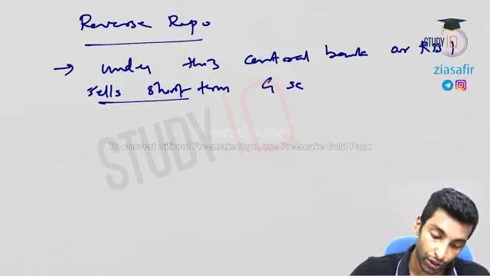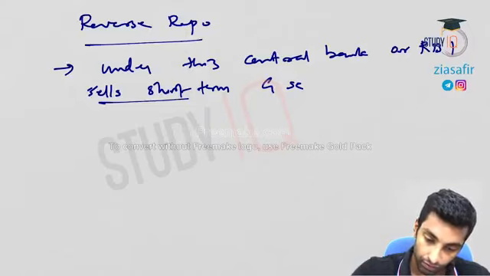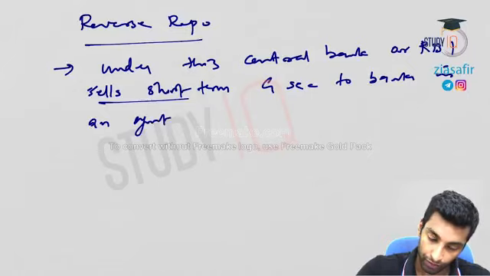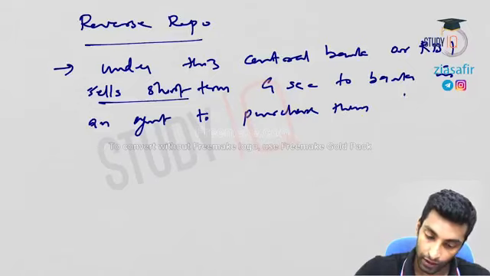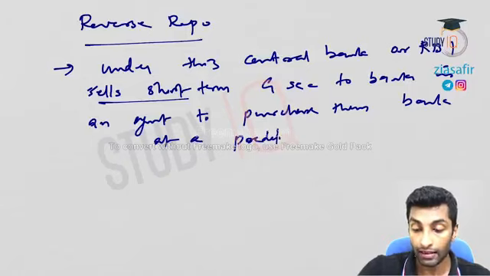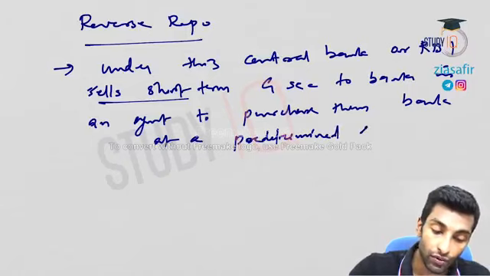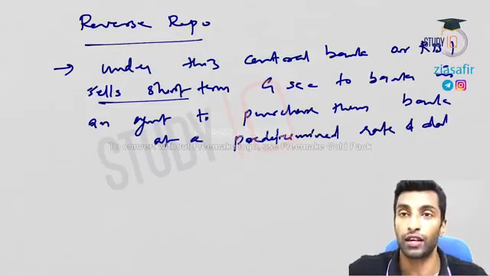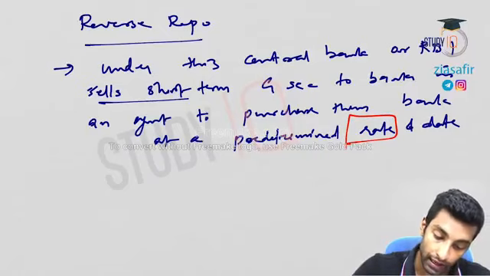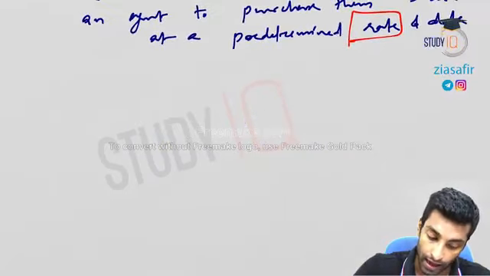Sell short-term government securities to banks with an agreement to purchase them back at a predetermined rate and date. This rate is what you call the reverse repo rate. The earlier rate is what you call the repo rate. So how will it go? Like before, I have shown you RBI and then GSEC.